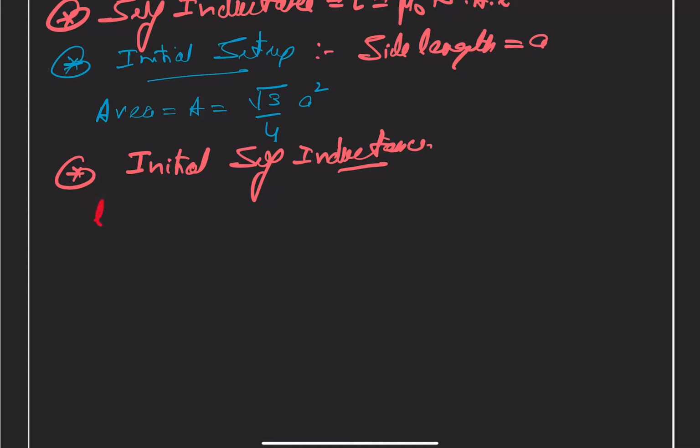So let us say L initial is the initial length of the coil, and that will be equal to the perimeter of the triangle.